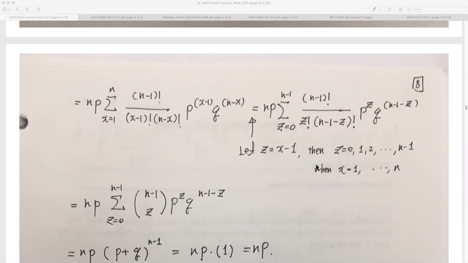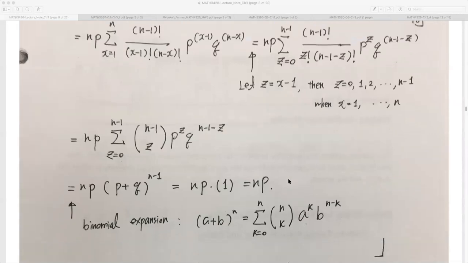In the textbook, it's briefly mentioned, but binomial expansion is (a plus b) to the nth power equals the sigma of combination n k, a to the k's power times b to the n minus k. This is exactly the same as this one. That is exactly the same as the definition of the PMF, the probability mass function of the binomial random variable, right?